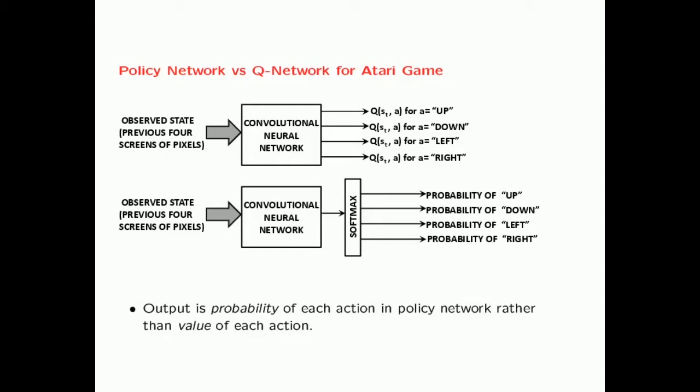Now note, of course, that here you will have to somehow learn the parameters of the neural network, so that the output probabilities, the policy that you learn, maximize the long-term rewards. And this is the main challenge in policy gradients. In the case of the value gradients, the nice thing is that because you're trying to model the long-term values and the network is also outputting the values for the actions, it's relatively easy to set up a loss function.